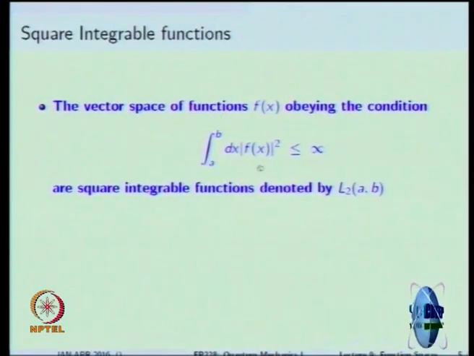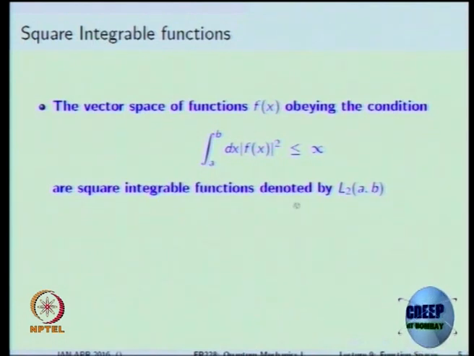Those should be the integration limits. We have defined the square integrable functions, where we did wave functions, but we will keep it general here. They have to satisfy the criterion that the integral should be finite. Sorry, I don't know why I put an equal to; it should be less than infinity. Please correct it.